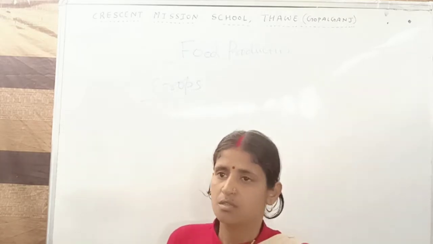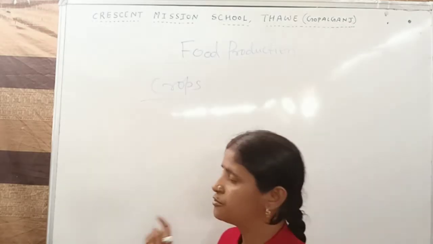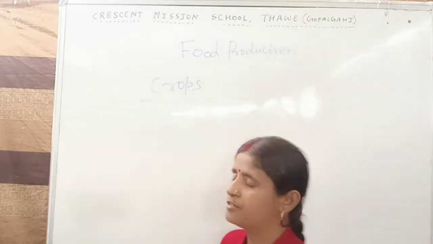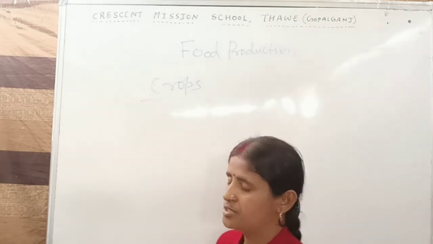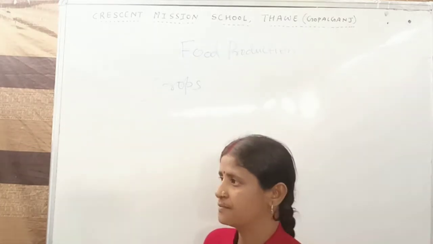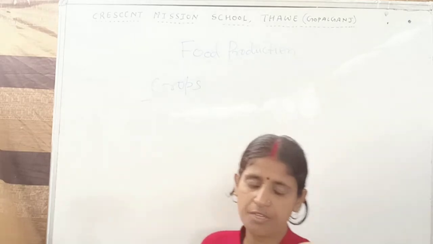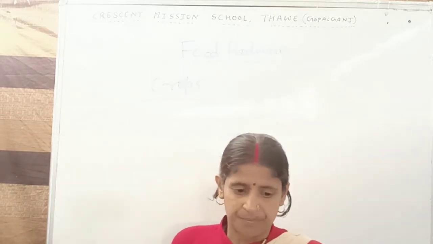So food crops are the crops from which we get our food grains like cereals and pulses, and cash crops are like rubber and coffee.